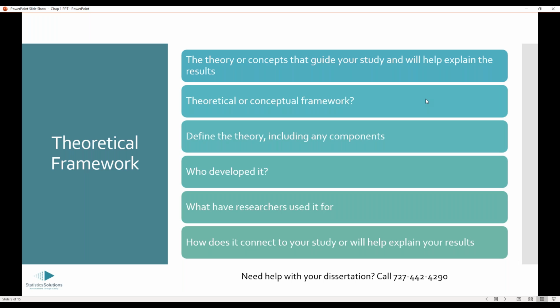Now they're defined slightly differently and they may have different components. So if you're using, let's say, instrument B to study employee engagement, you don't want to use theory A for your theoretical framework. The instruments are usually associated with a theory or theorists or research.